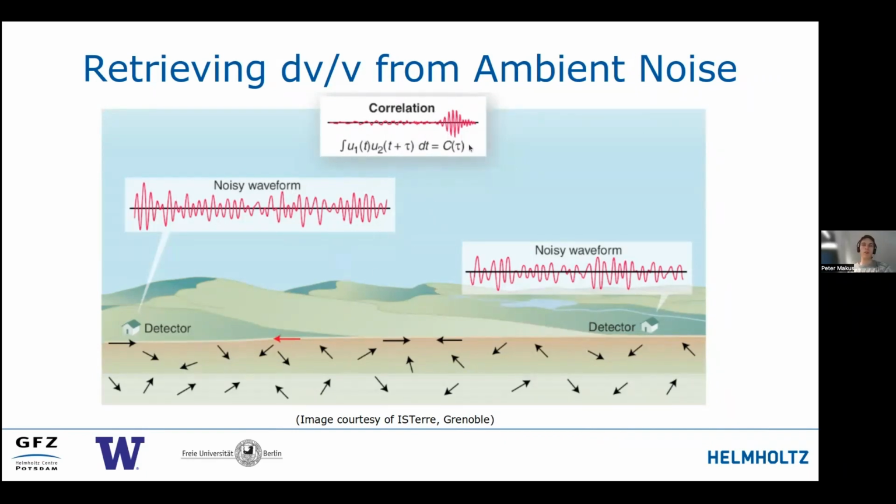We also get a coda, which is way smaller and which basically originates from this ambient noise that has been scattered and reflected back and forth within this plane, and of course also outside of this plane. Turns out what we see here is actually an approximation of the Green's function between the two stations. So this is an impulse response function between the two stations, and this is not the entire truth though, but I'm going to talk about that in a bit.